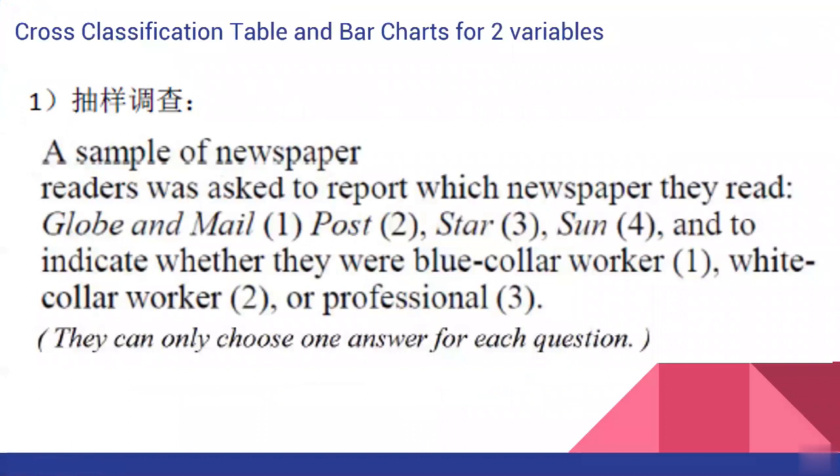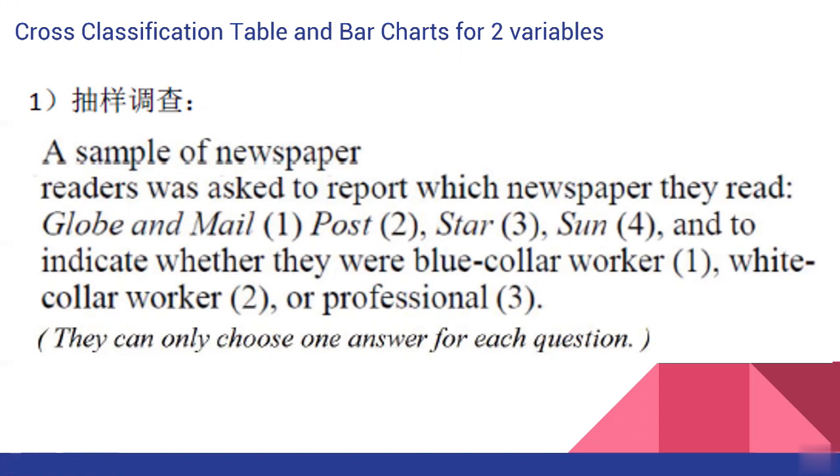Okay, the last question is, if we want to find the relationship between two variables, we can use a cross-classification table and the corresponding bar charts. I'll use an example to illustrate what this means. Suppose we have a sample of newspaper readers who are asked to report which newspaper they read. There are 4 types of newspapers. First one is called Globe and Mail. Second one is called Post.